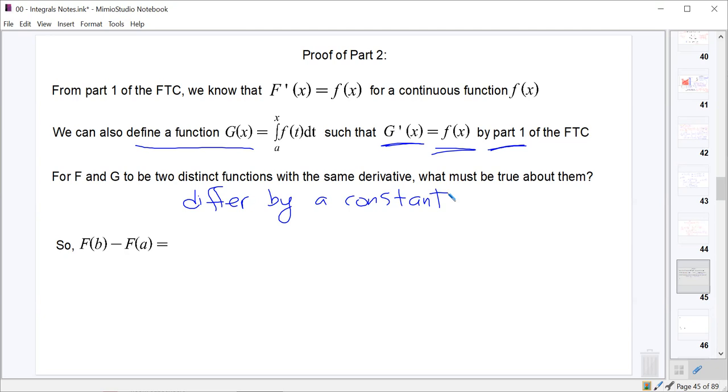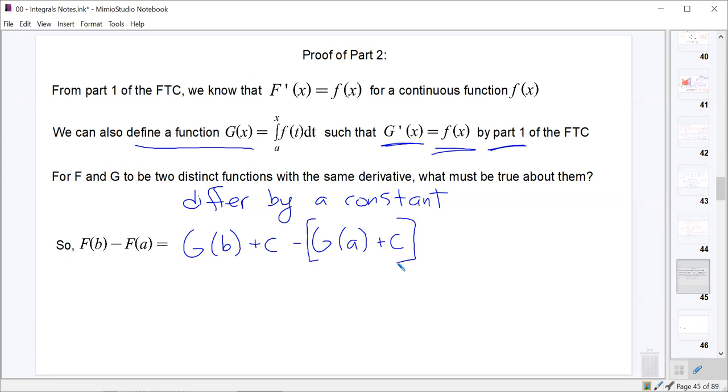X squared and x squared minus 1 have the same derivative, but they differ by a constant. So for F and G to be two distinct functions, they have to differ by a constant, which would mean that F of b minus F of a should equal G of b plus some constant minus G of a plus some constant.